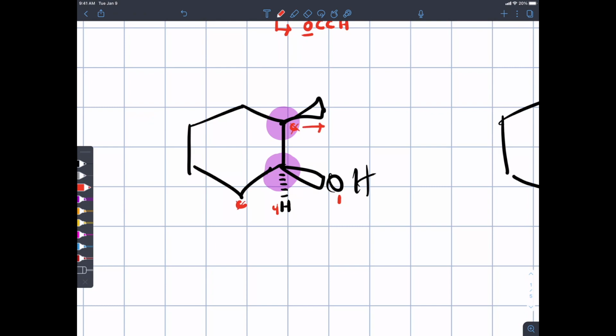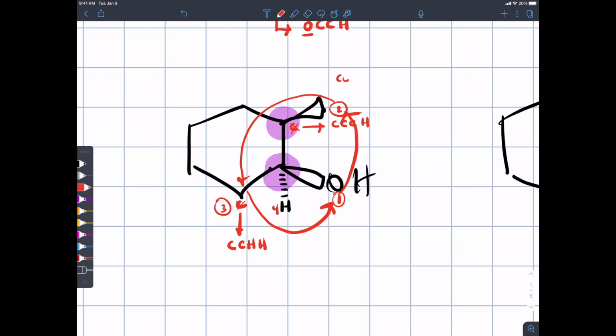Up top, you have a carbon that's bonded to 3 other carbons and 1 hydrogen. Here you have a carbon that's bonded to 2 other carbons and 2 hydrogens. So it's clear that here is priority group 2, here is priority group 3. Draw the arrow from 1 to 2, 2 to 3, and 3 back to 1.